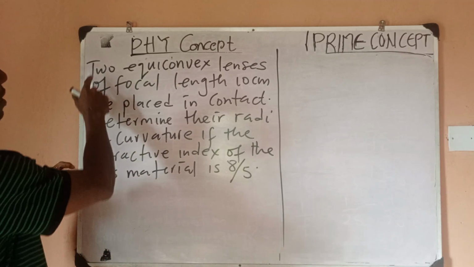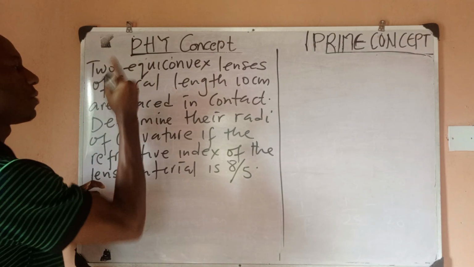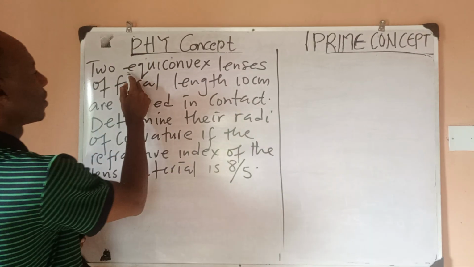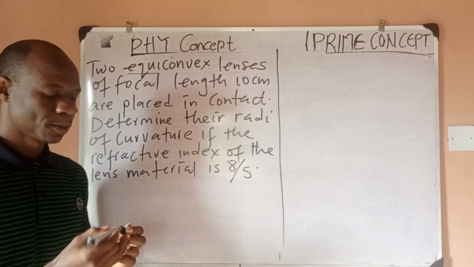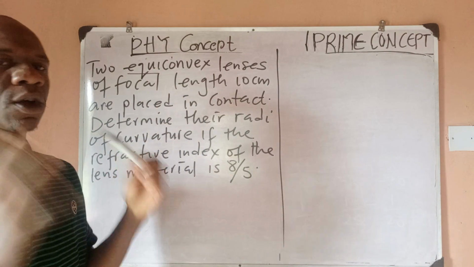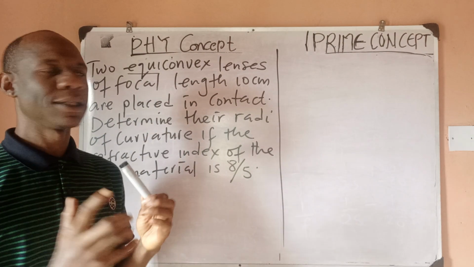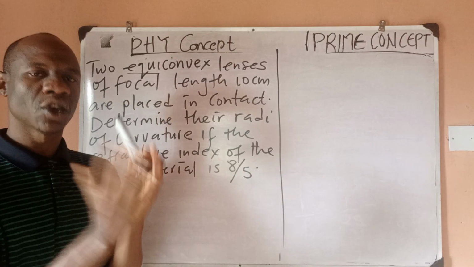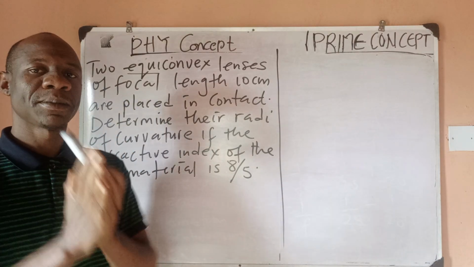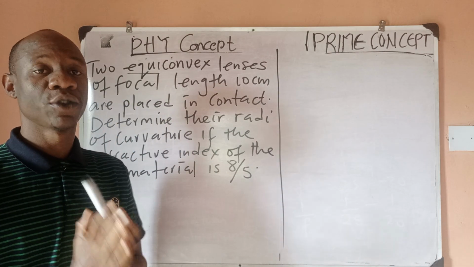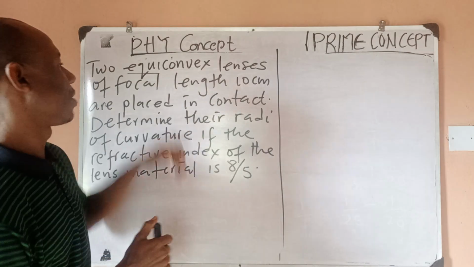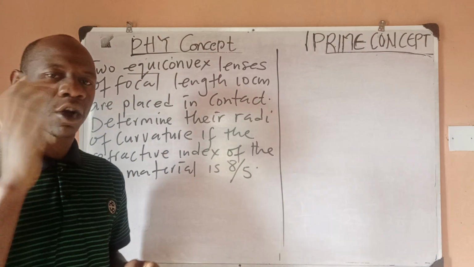The question says two equiconvex lenses. So take note of the word equiconvex. First, we are dealing with a convex lens, and then they are telling us that there are two surfaces of this lens. Remember, lenses are always made of two surfaces, right? So they are telling us that the two surfaces are convex.